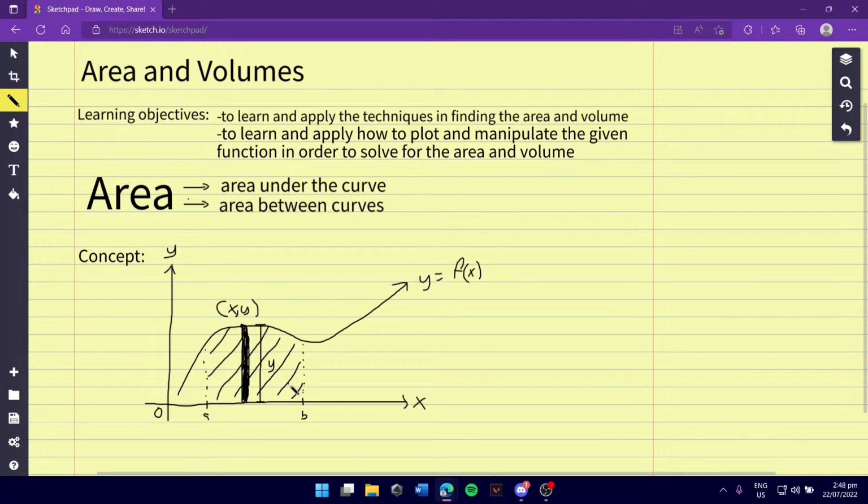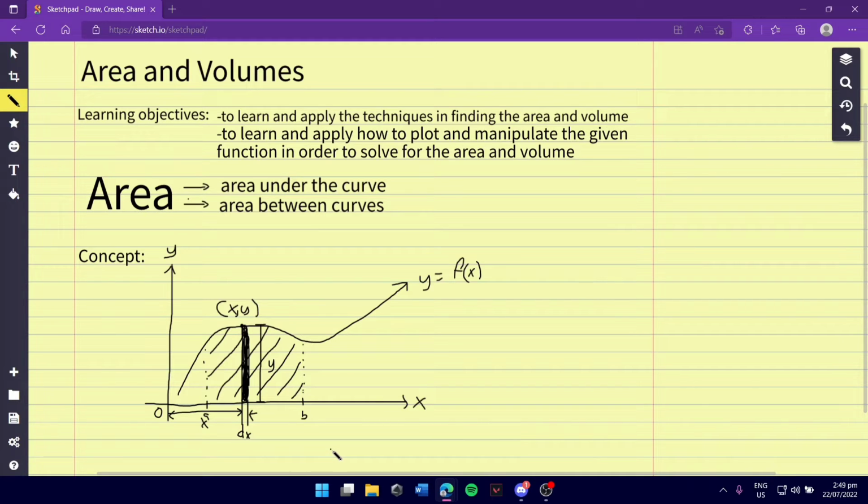We label this as y, and from the origin to the vertical strip, this is labeled as your x. Then the thickness of your vertical strip is called your dx. This is called dx since the thickness is along the x-axis.